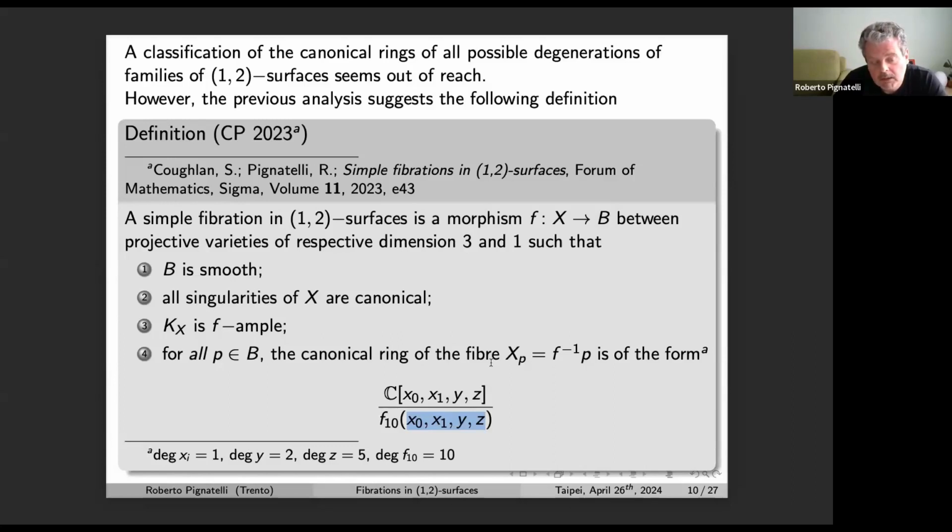So we are allowing in our fibrations all Gorenstein stable 1-2 surfaces. We are also allowing non-Gorenstein fibers, as we will see later, and we are also allowing unstable ones.